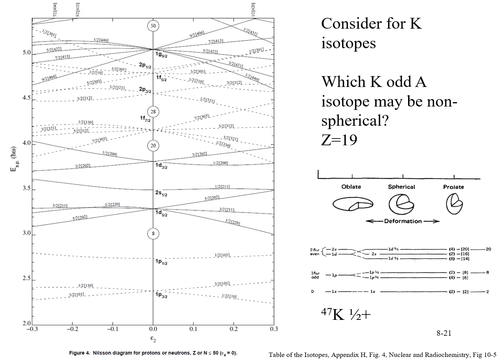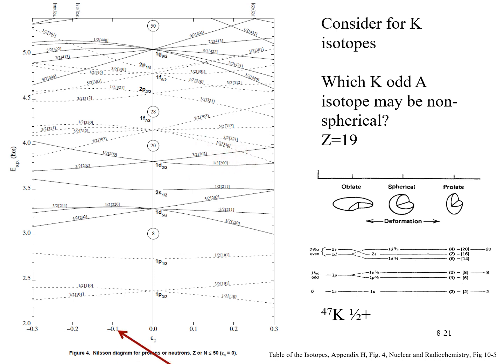If we look at potassium 47, it has a spin of 1/2, positive parity. So we would see that the 19th nucleon could be unpaired in this orbital or in this orbital.